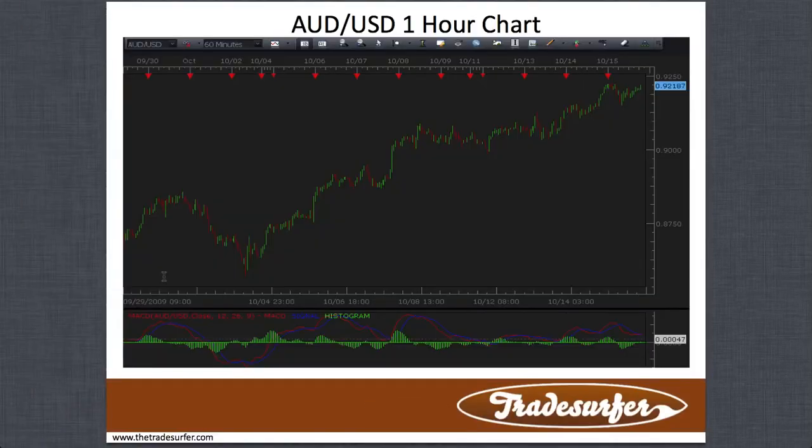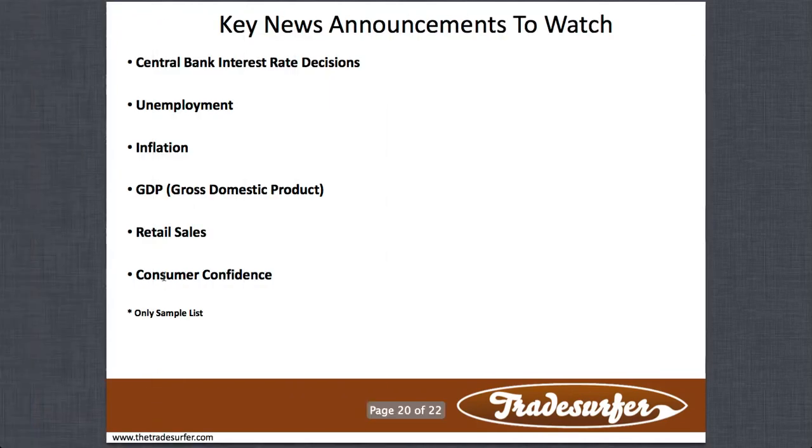A lot of traders even go down to shorter time frames because of the leverage. And a lot of traders trade off, here's a 1 hour chart, you can trade off 5, off 20-minute charts, but it really is completely up to you. So some of the key announcements to watch that will really affect currencies.